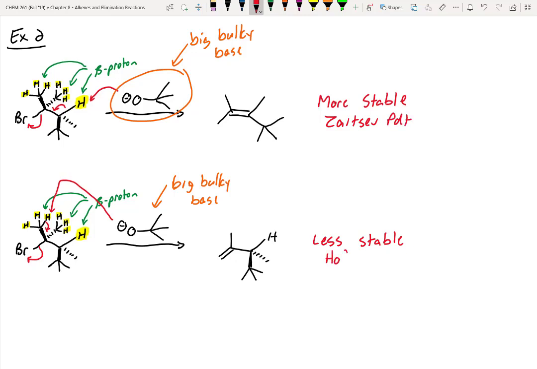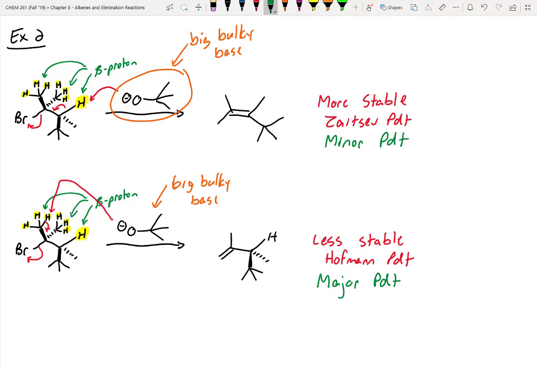This would be our Hofmann product. However, let's think about the big bulky base. Which one's going to be our major product? The Hofmann product. So down here, this would be our major product, and this would be our minor product.